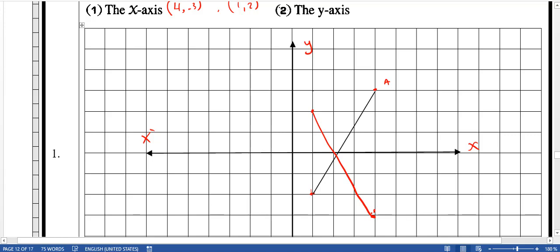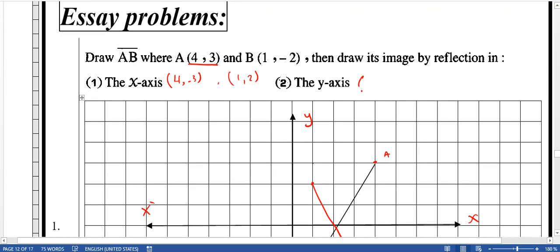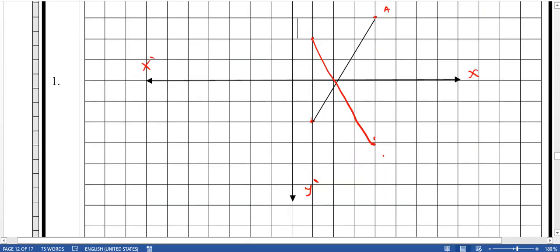That will be my reflection line. After that, in the same way in the y-axis, the first point will be (-4, 3) and the second point (-1, -2). That's all.